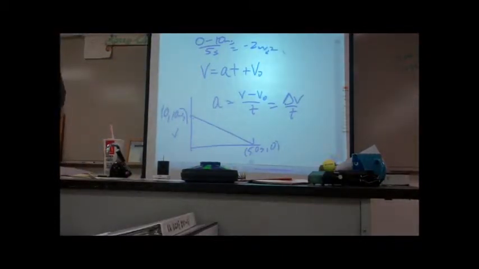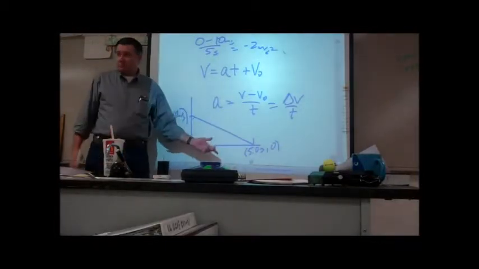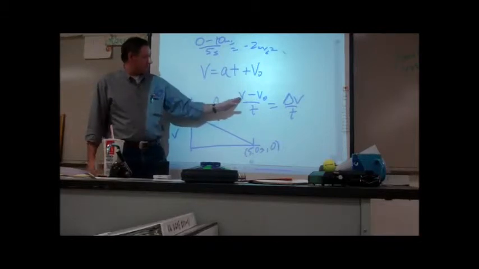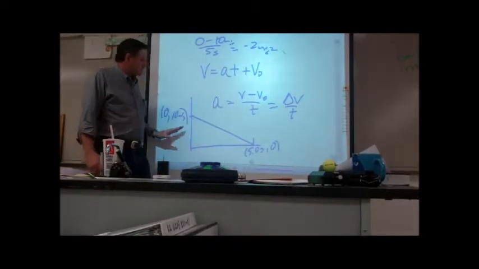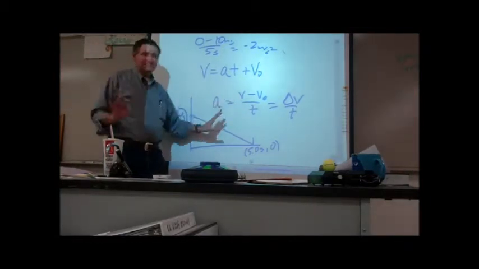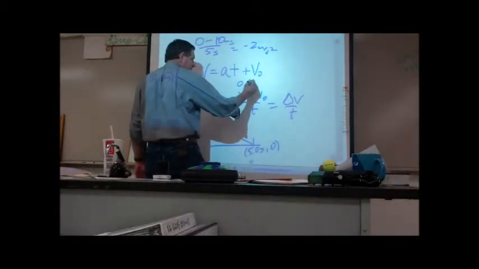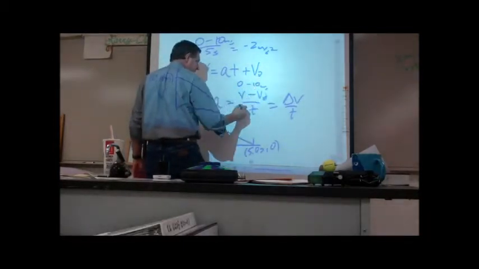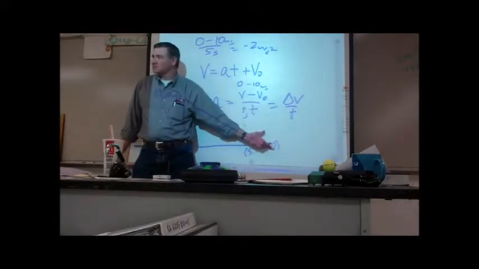And which would be the slope of the line. True? Now, if you use this equation and go, oh, acceleration is final velocity minus initial velocity over time. So in this case, if you just said, well, I like equations, well, cool. We happen to have one just for this. So this would be 0, oddly enough, minus 10 meters per second over 5 seconds. And oddly enough, you would get the exact same answer.